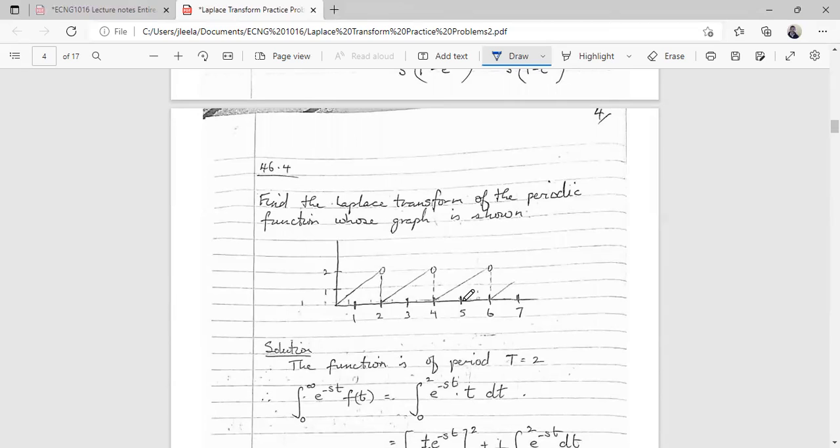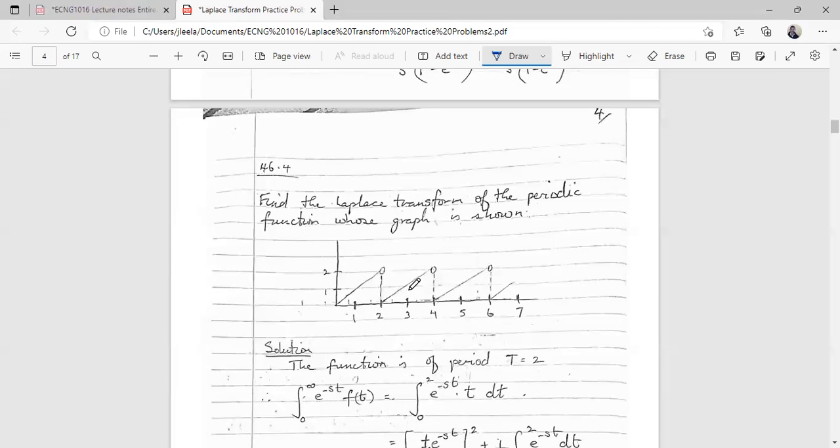Find the Laplace transform of the periodic function whose graph is shown, right? So once again, look at it carefully. So again, we see the period is 2 because you see now a straight line here with a gradient between 0 and 2.